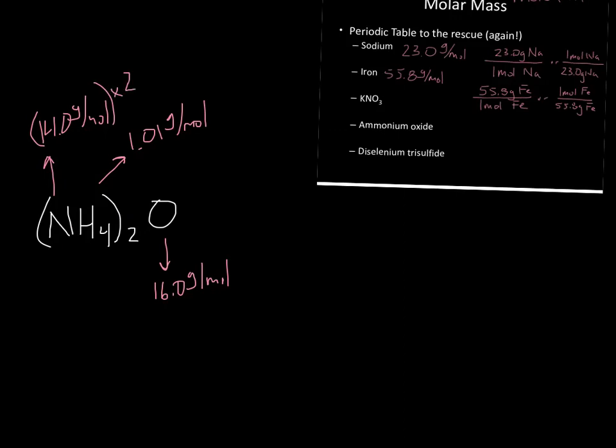It also means that we have 2 H4s, so a total of 8 hydrogens, and we need to multiply that mass by 8. With significant figures, we get a total mass of 52.1 grams per mole. That would be the molar mass of ammonium oxide.